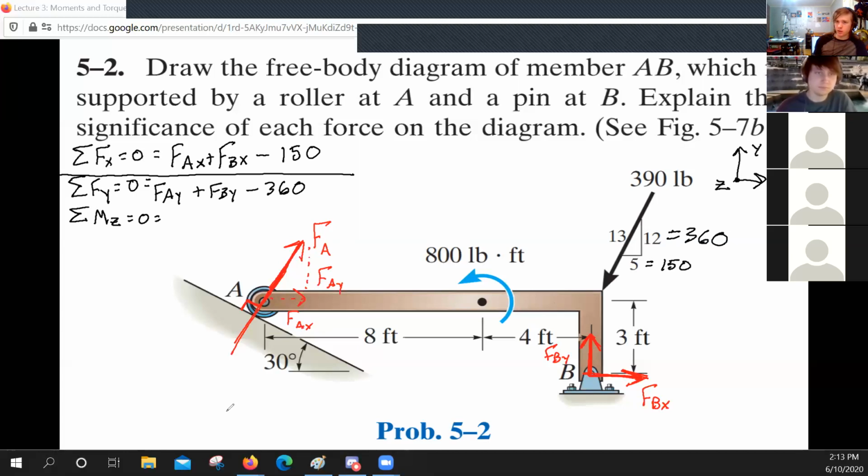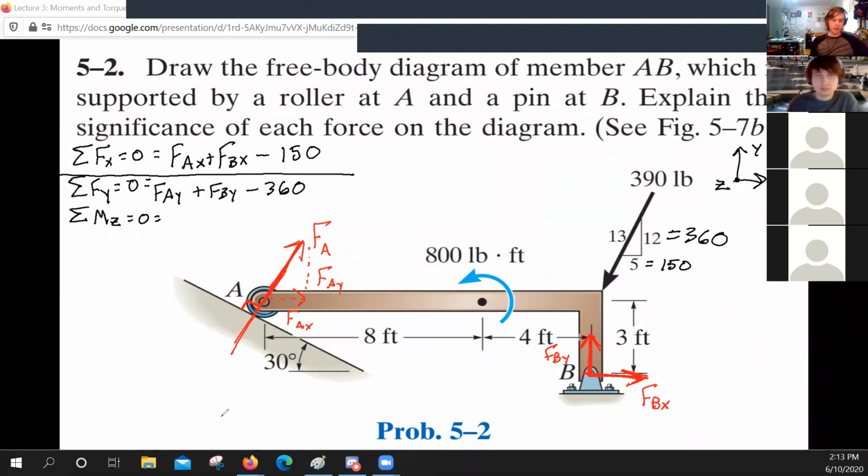What's our first step of doing moments? We have to define the pivot. Where should we define the pivot? There is a very good place to define the pivot on this one. Would it be at the pinned joint or at the pivot that's already defined?